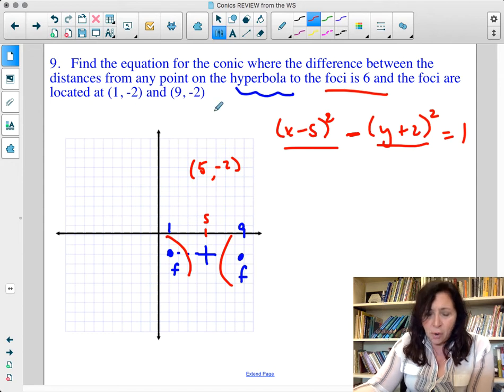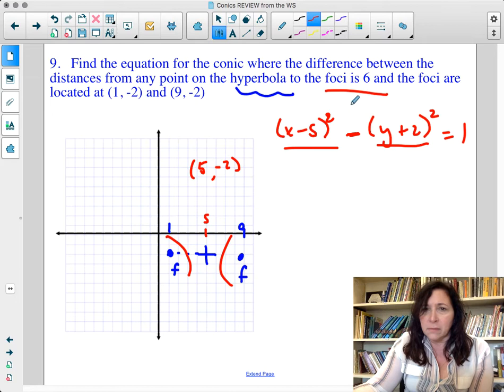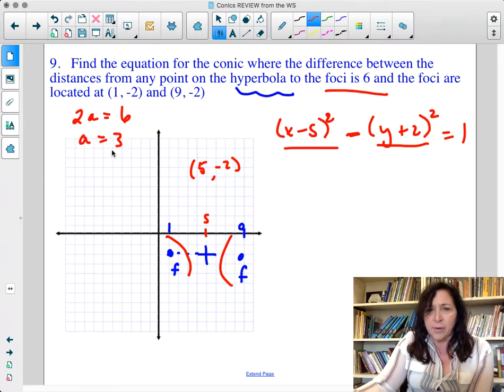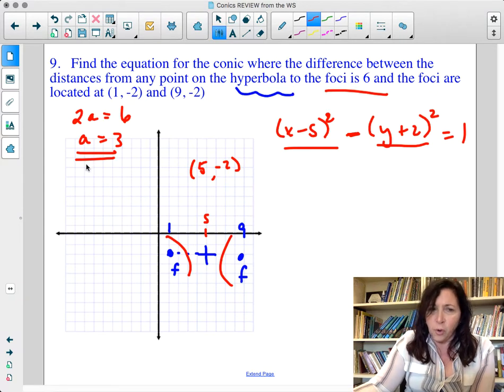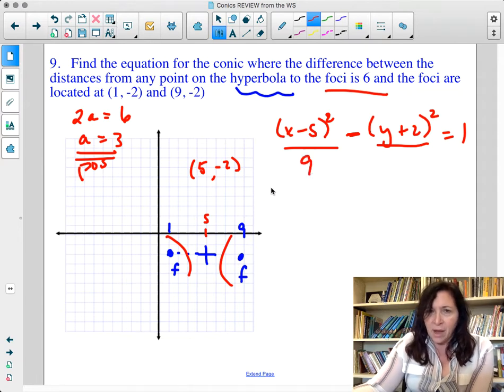Okay, so now what we have is the focal distance is 6. So what that means is the distance 2a is equal to 6. So that means a equals 3. Now a in a hyperbola is the positive coordinate. That means this is my positive coordinate, and that's 9.